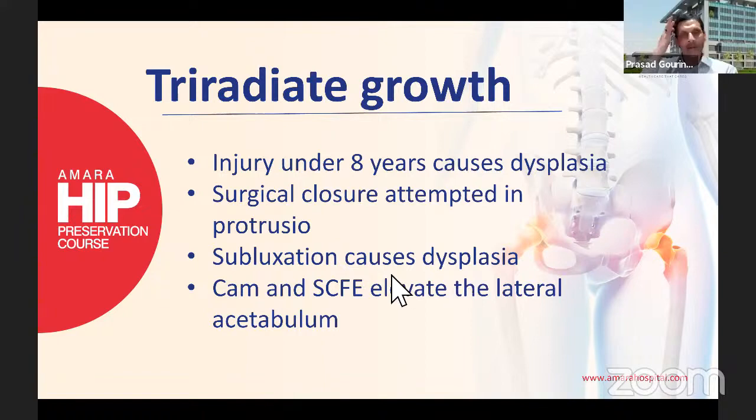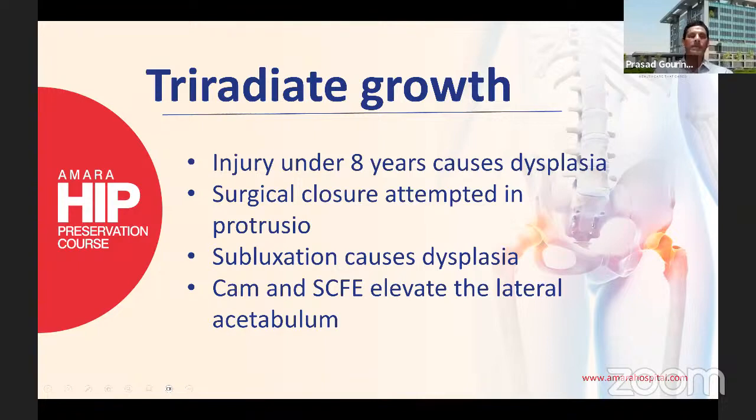Another thing to keep in mind is even after 8 years of age, in open triradiates, the acetabulum can still deform. It may not improve, but it can still deform. A cam deformity in an older child at 10 or 12 years old, or a SCFE, can cause lateral elevation of the lateral acetabular lip and cause dysplasia of the acetabulum.